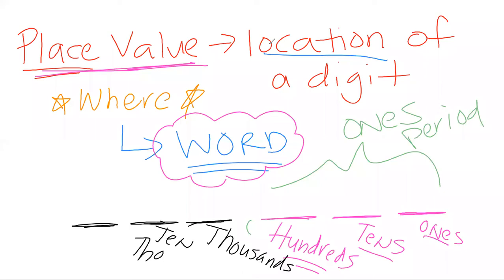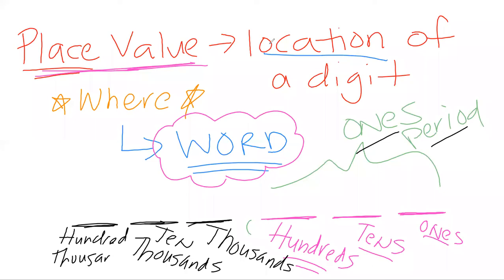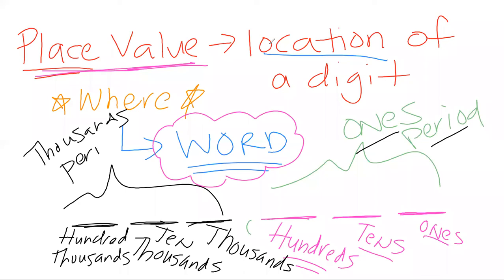Again, these are the place values, the words that go with these places. So ones, tens, hundreds, that's the ones period. And then we have thousands, 10,000s, and 100,000s. And then this group of three, notice I did it in a different color. These three right here are their own period. These are called the thousands period. So that's a really cool thing to understand when we think about place value.